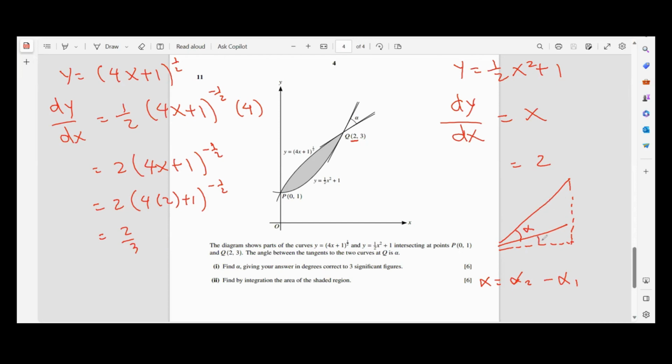The small one I will consider as alpha 1, and the big one is alpha 2. So the alpha angle equals alpha 2 minus alpha 1. Okay, we can find alpha 1 by using tan.